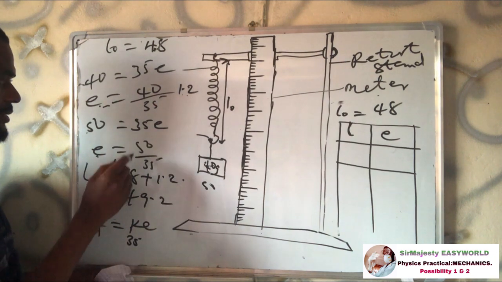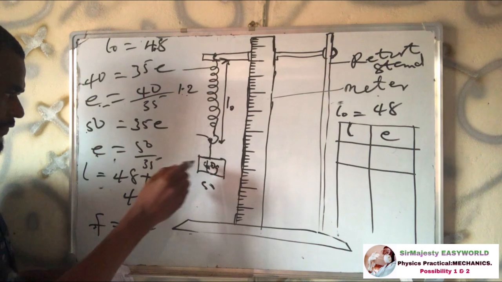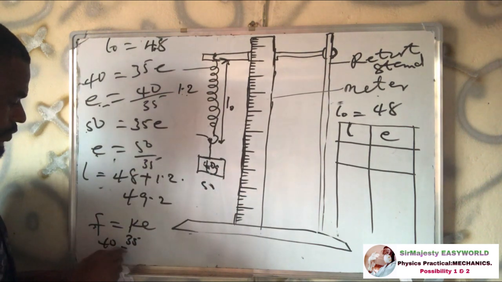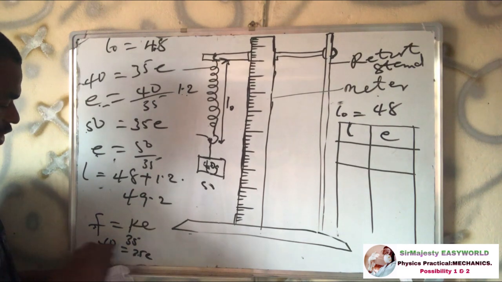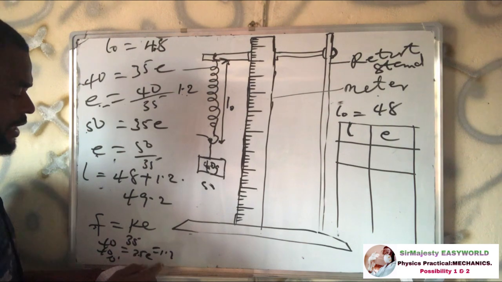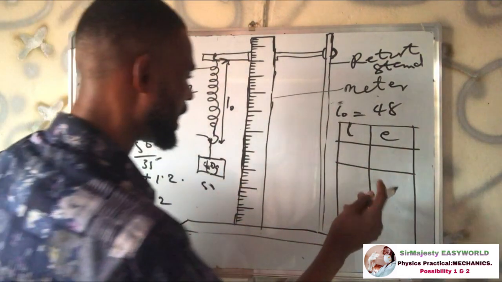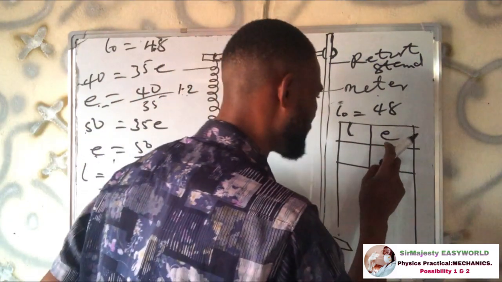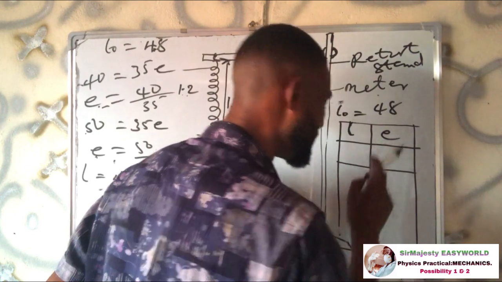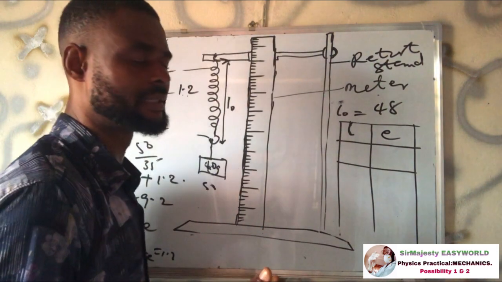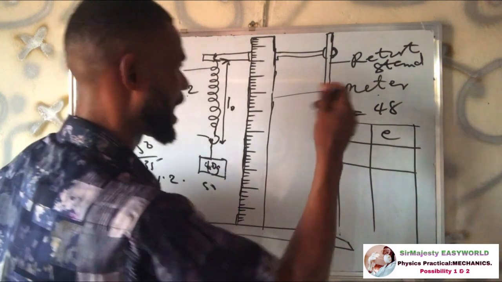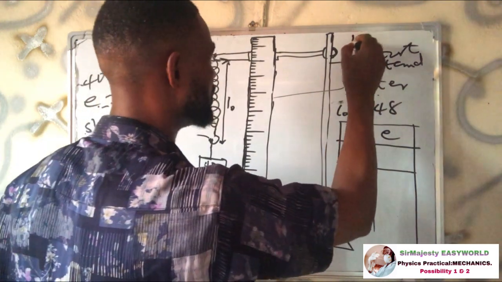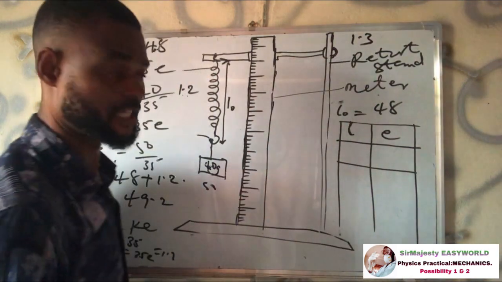Then I place 40, this mass here, 40 equals 35E, so that my E is equal to 40 over 35, assuming I have 1.2. Then this 1.2 is my extension. I know it is what I'm going to write here, 1.2, but in this manipulation, you have to make it variable because it's a practical. I have 1.2 from calculation. I can decide to make it 1.3 as my extension.